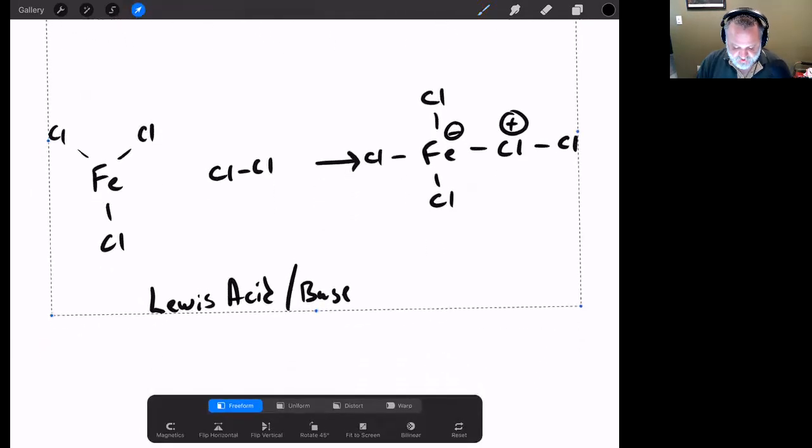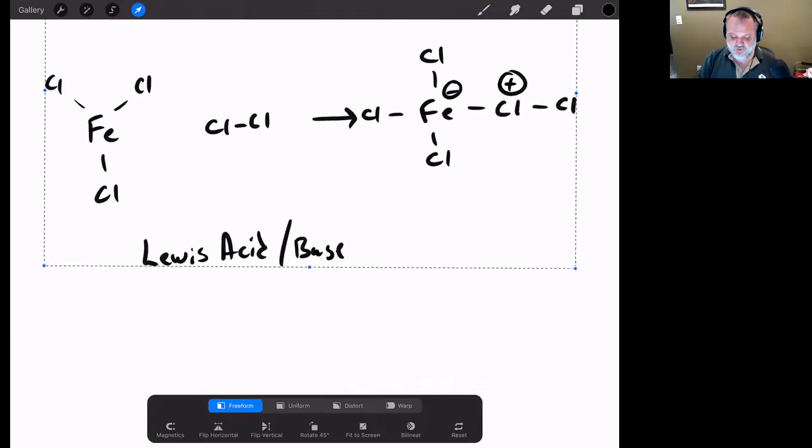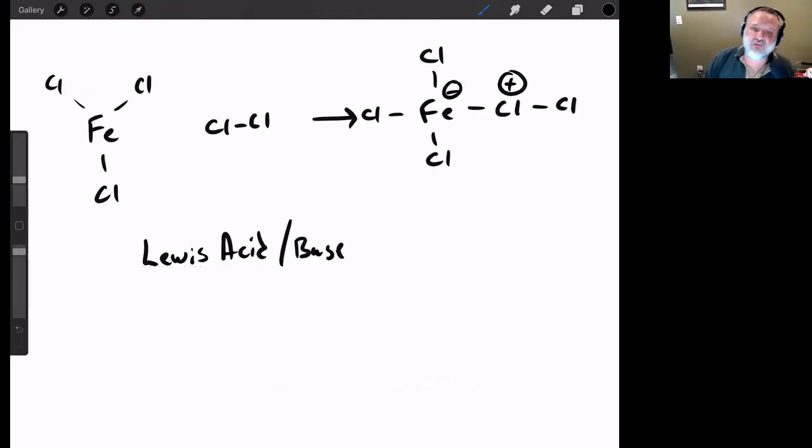Lewis acids and bases, instead of talking about things in terms of a proton being donated and accepted, are actually in terms of electrons.